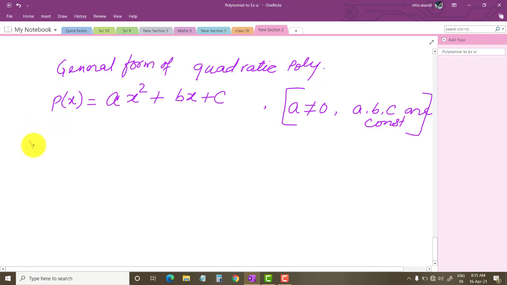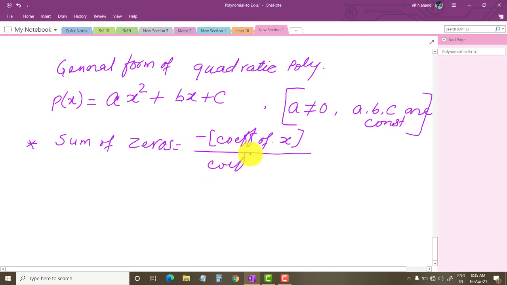Now the first relation between coefficients and zeros is the sum of zeros. The sum of zeros is minus the coefficient of x divided by the coefficient of x squared. That means alpha plus beta is equal to minus b by a. This is our first formula.